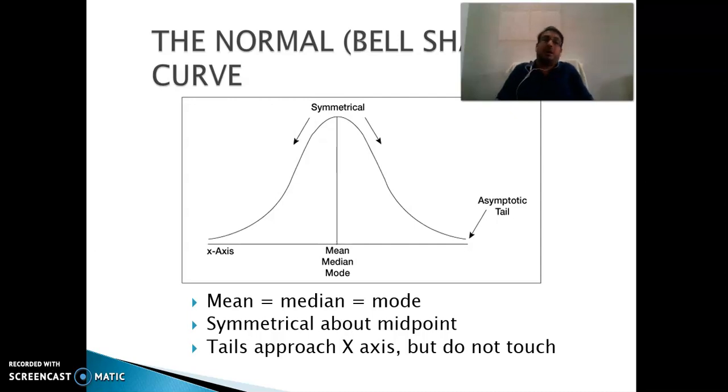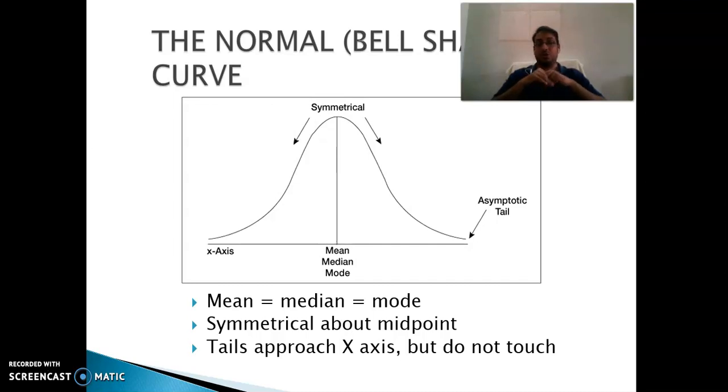Then the normal curve. To see whether our data is normally distributed or not, we can use the normal curve. It is commonly referred to as the normal curve or the bell-shaped curve. It is the shape that represents how variables such as height and weight are distributed, and it has some very interesting characteristics.